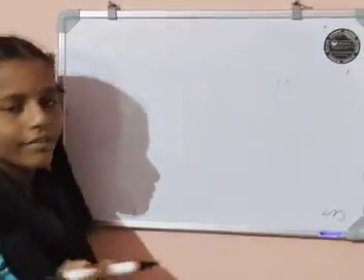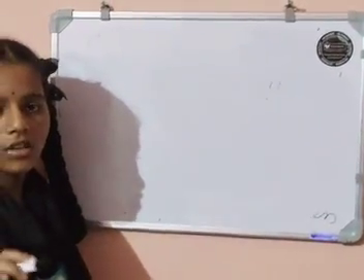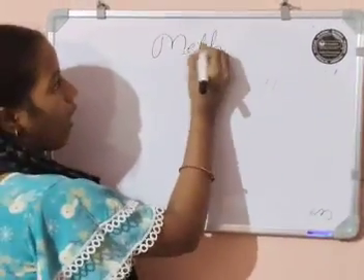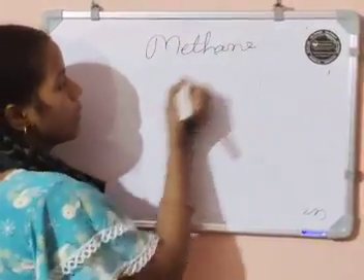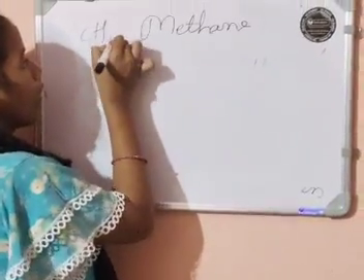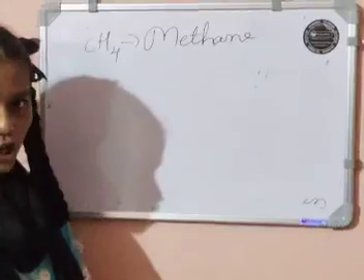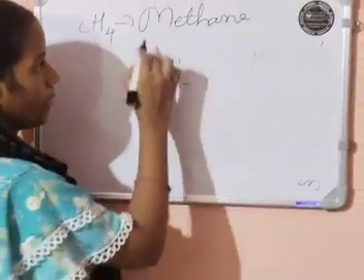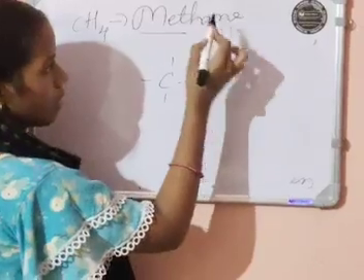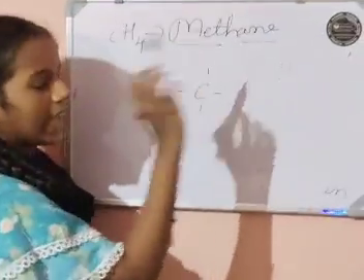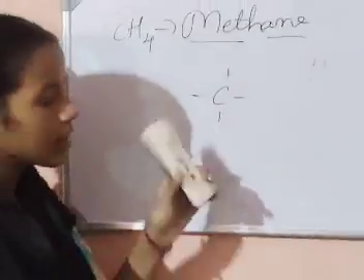Or let me choose next. First I will take methane. It is also one of the compounds. Means CH4. Why I said CH4, you already know. It has only a single bond, meth. A single bond. Meth is the first name of the carbon chain and ane is the single bond name.